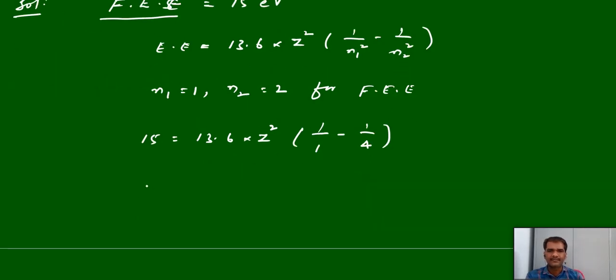That means 1 minus 1 by 4 is 3 by 4, which you bring to this side: 15 into 4 by 3 is equal to 13.6 into Z square. Let us assume this is equation 1. This is the data they gave. Now they are asking about ionization energy. What is the Z here? We don't know. It is a hydrogen-like sample. It may be helium, lithium, beryllium, and so on.